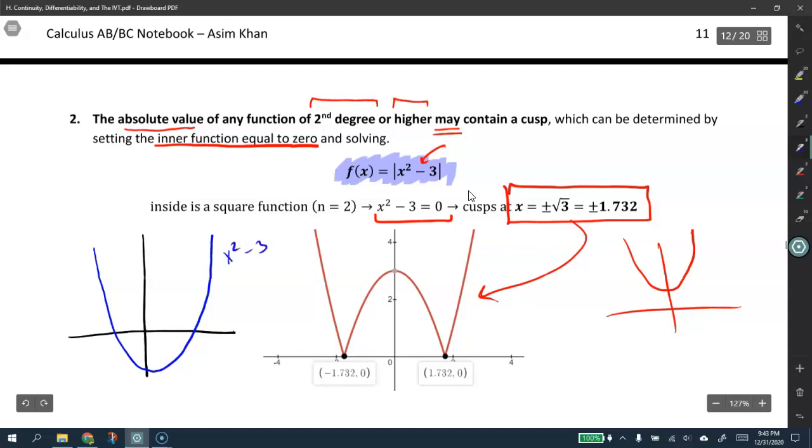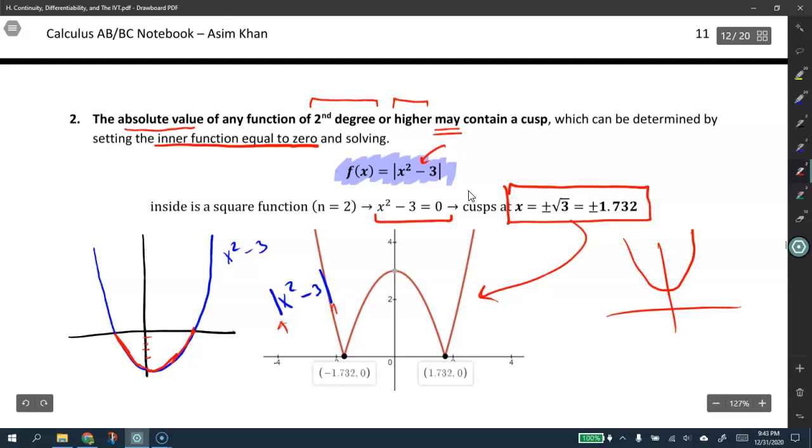But when you put an absolute value sign around x squared minus 3, what it's saying is this part of the graph that is below the x-axis, because these are all negative y values, they can't be negative anymore because you just put absolute value around it.